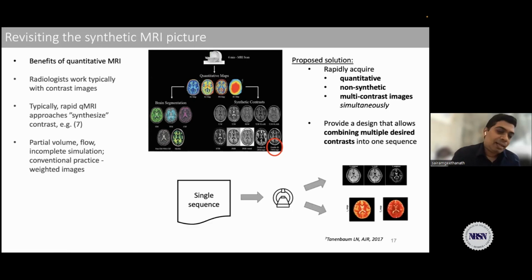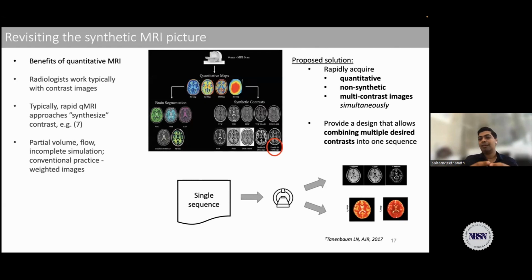So the general idea that we had at the time was if there is a single sequence that can generate both qualitative and quantitative, but the qualitative not synthetic, but natural contrast or non-synthetic contrast simultaneously, that would be something that would be useful in clinic because it would save time for generating these quantitative maps, which are useful, but at the same time be able to still deliver the qualitative images that are the workhorse and the bread and butter acquisitions that you need anyway.